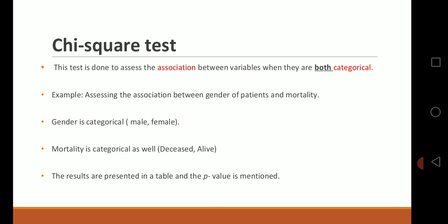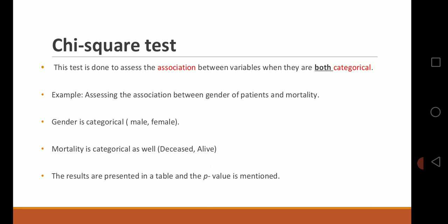Gender معروف هو collected as males و females and we know that this is a nominal scale, and this means that this variable is a categorical variable, it's not a number. تمام. طيب عرفنا the first variable ده categorical. طيب the second variable هو المورتاليتي, اللي هو whether the patient is deceased or whether the patient is alive.